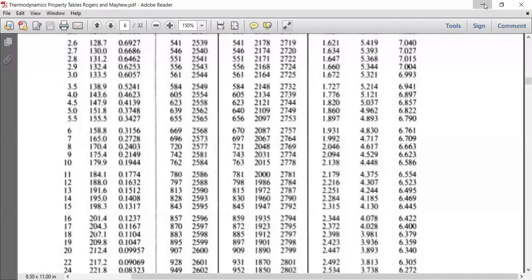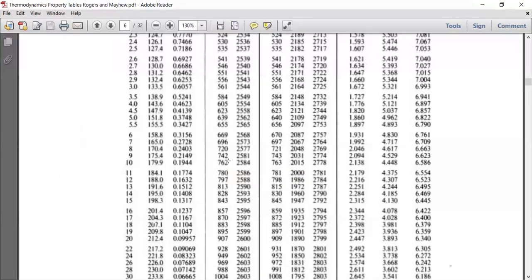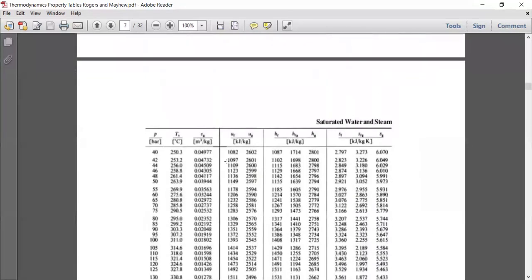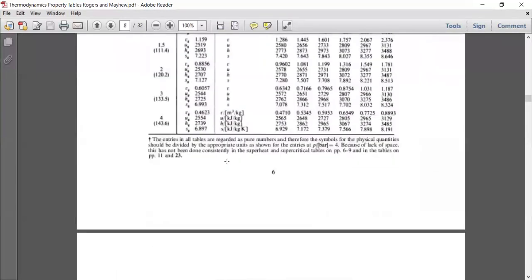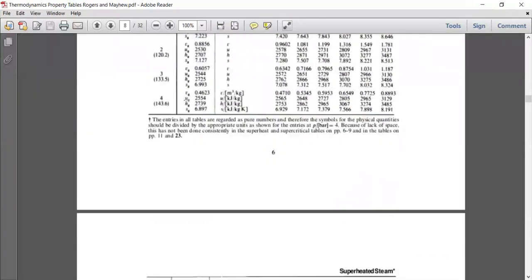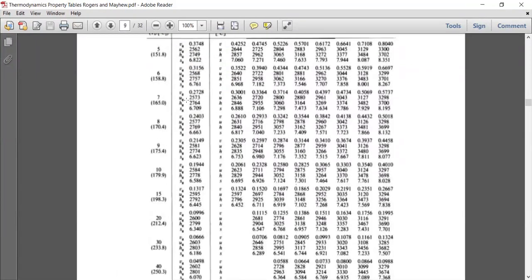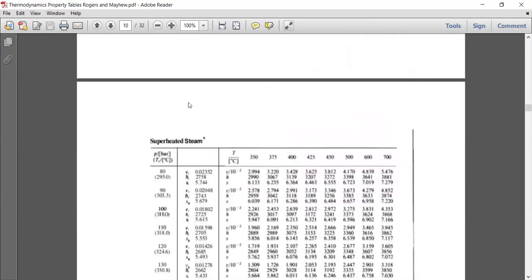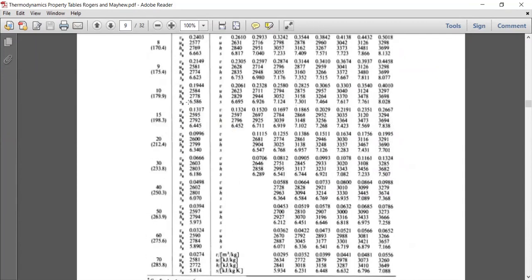So I've shared with you what degree of superheating is. If you look at this case, for 300 degrees and 18 bar, you have to look into the superheated table. This is all saturated; superheated steam is here. At 18 bar, you have 15 and 20, so 18 is in between.